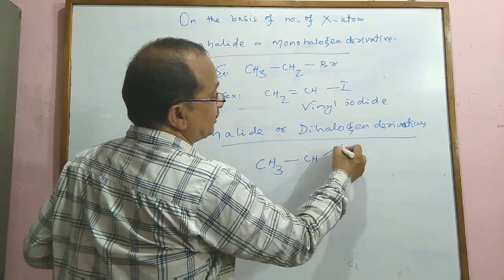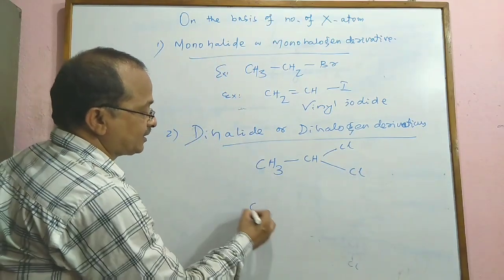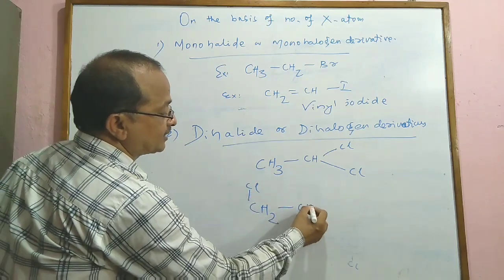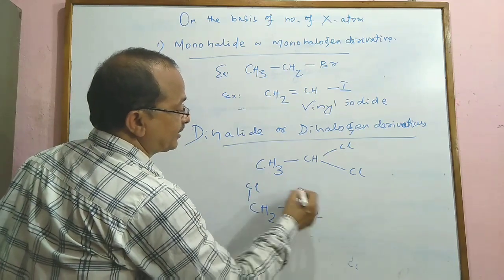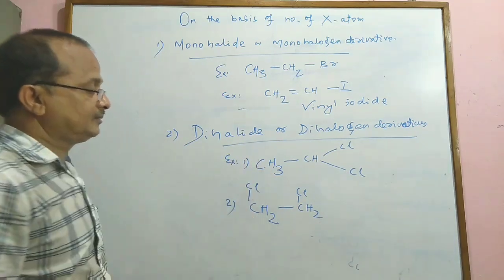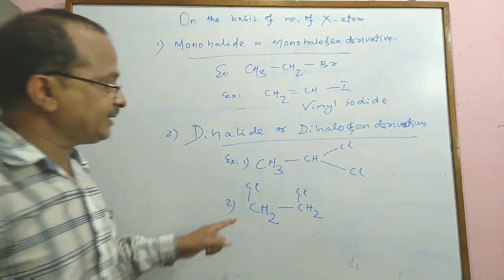Here you see two chlorine atoms attached to the same carbon atom. Here is another example, where two chlorine atoms are attached to different carbon atoms. So the first compound is geminal, the second is vicinal.